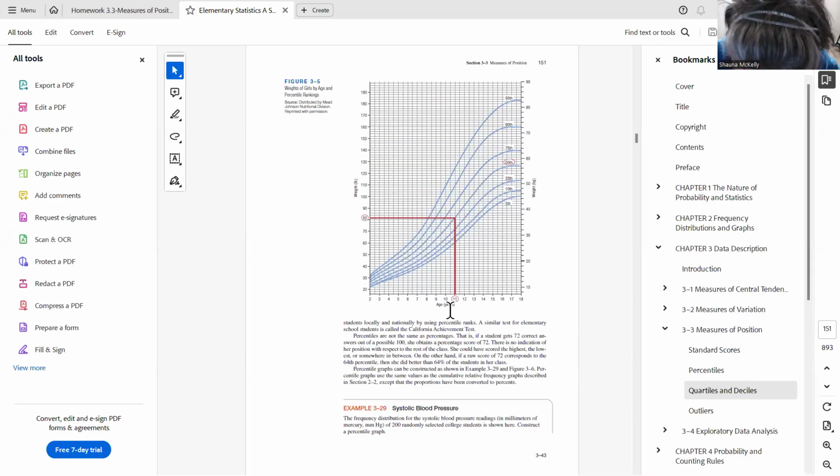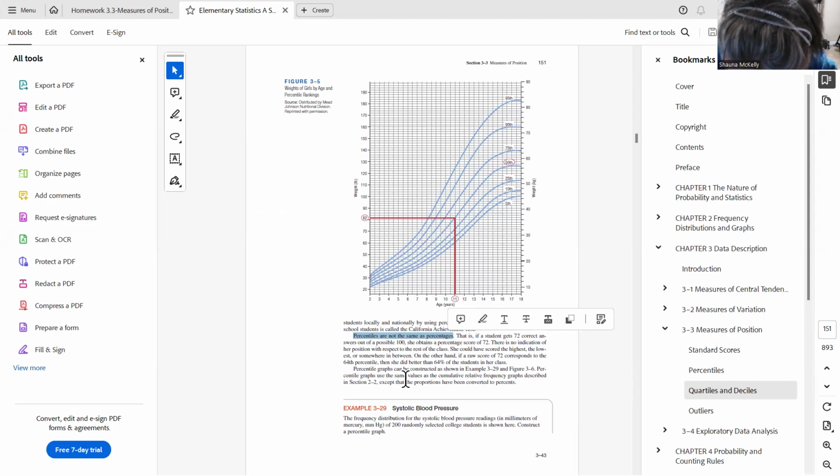You can see, if you look down, this is page 151 in your book, section 3.3. It says, percentiles are not the same as percentages. That is, if a student gets 72 correct answers out of a possible 100, she obtains a percentage score of 72. There is no indication of her position with respect to the rest of the class.